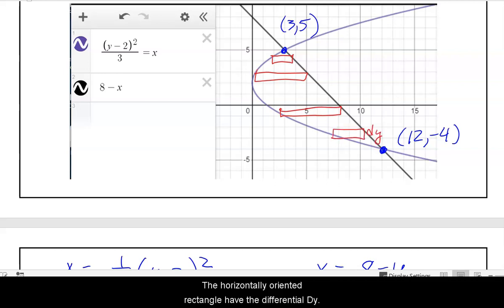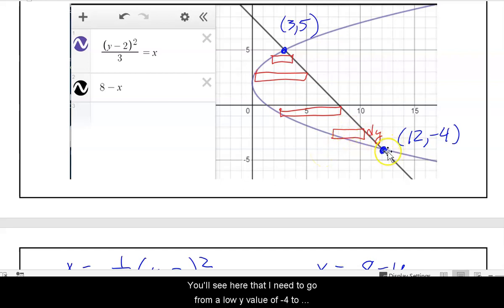The horizontally oriented rectangles have the differential dy. Notice that if I were to reverse the orientation and make the rectangles vertical, what was above and below would change as I moved across this region. That makes integrating with respect to y the logical choice.